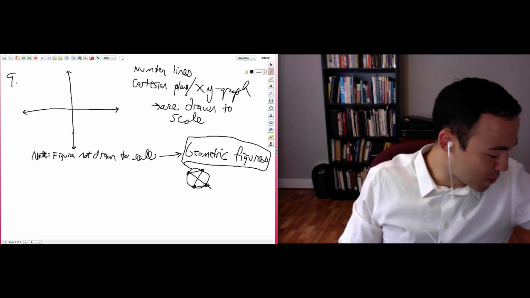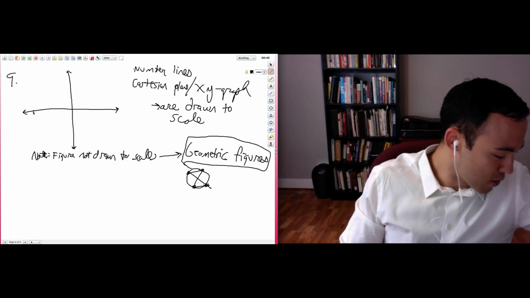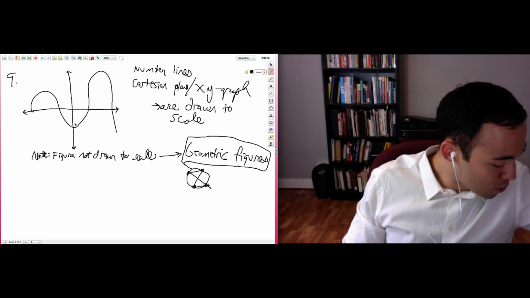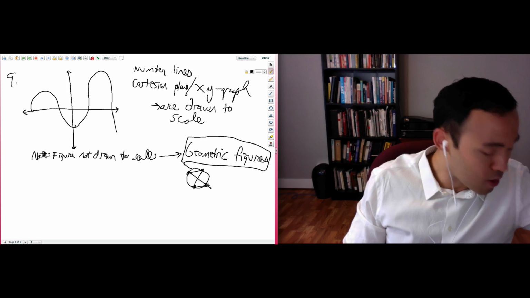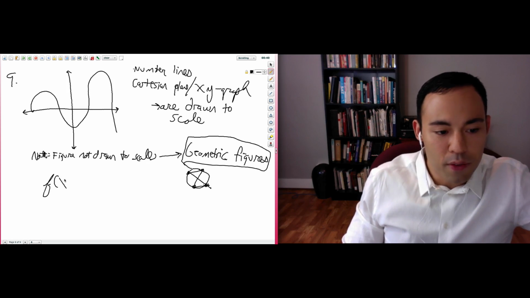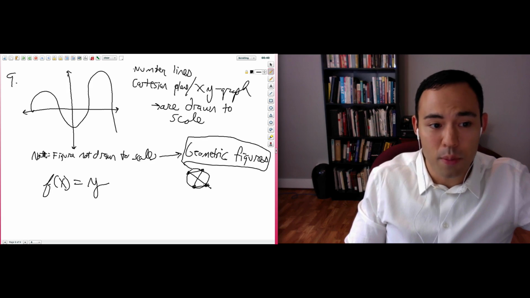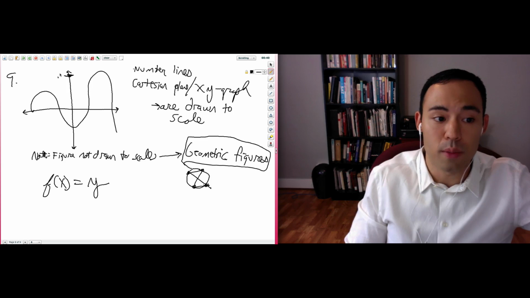Anyways, let's actually answer this question. Number 9. Here we have this noodle. It's asking, when does this function f attain its maximum value? F of x is kind of like saying y. So when they ask for a maximum value, they're asking for a maximum y value, and that's going to be right there.